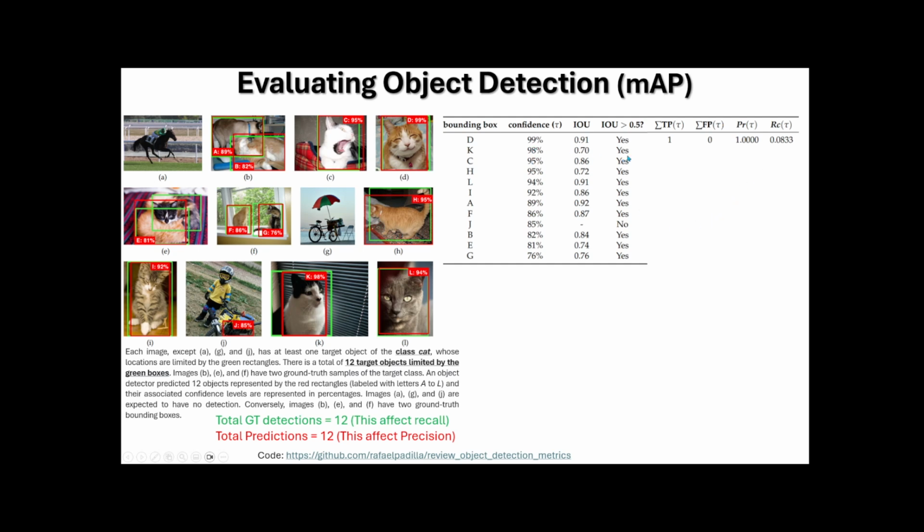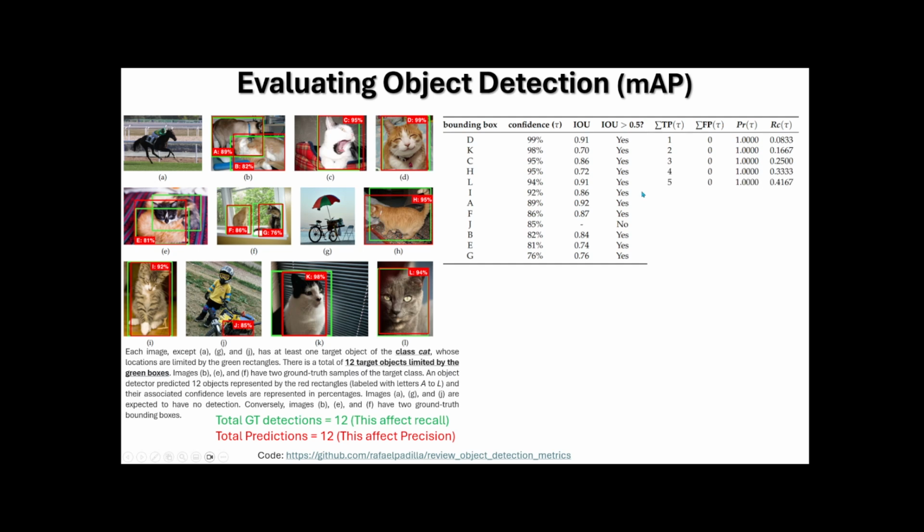Now let's consider this. This is again a true positive, so two true positives out of 2 detections. Precision is not changing. Recall will change because 2 by 12 is 2 times this, so 0.1667. This is again a true positive, so precision will not change. Recall will change because the numerator is changing. The denominator remains 12 all the time. This is also yes.